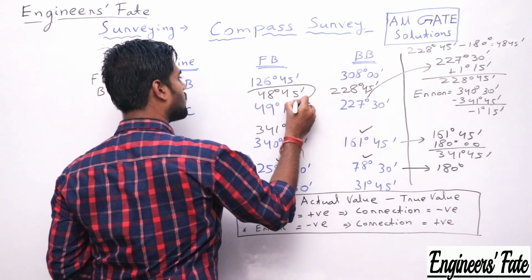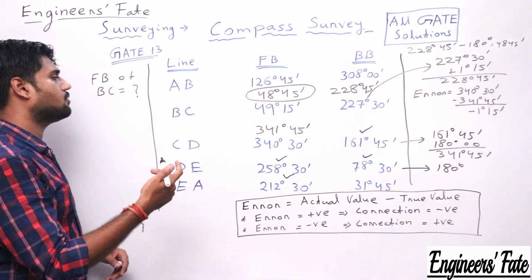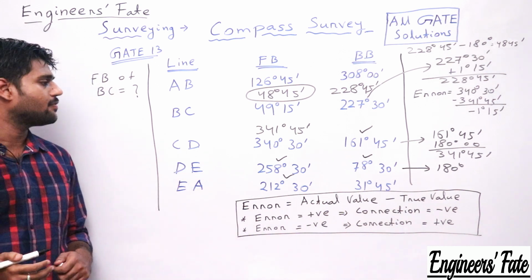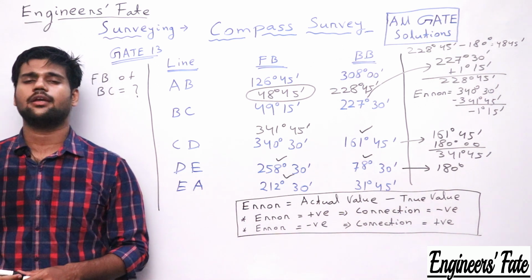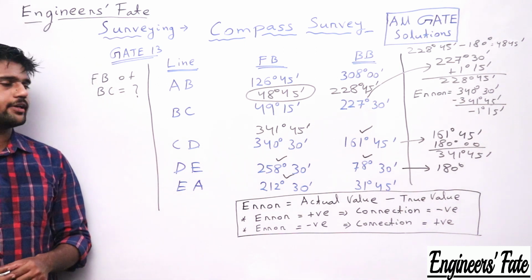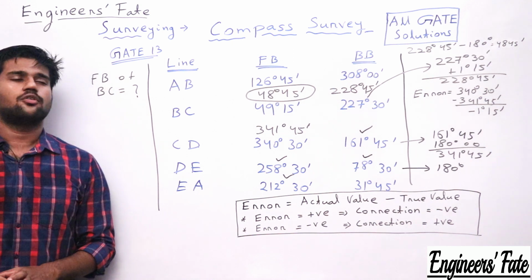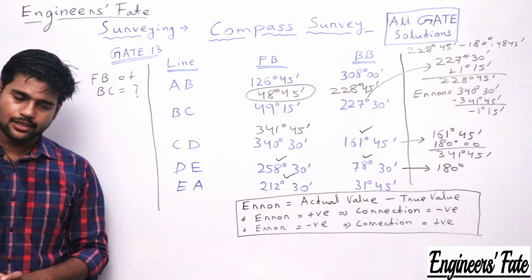I hope this is clear. So the answer is 48 degree 45 minute. I hope you have understood this. If you haven't understood, again I request you to play the video again. So note the things and try the next question.